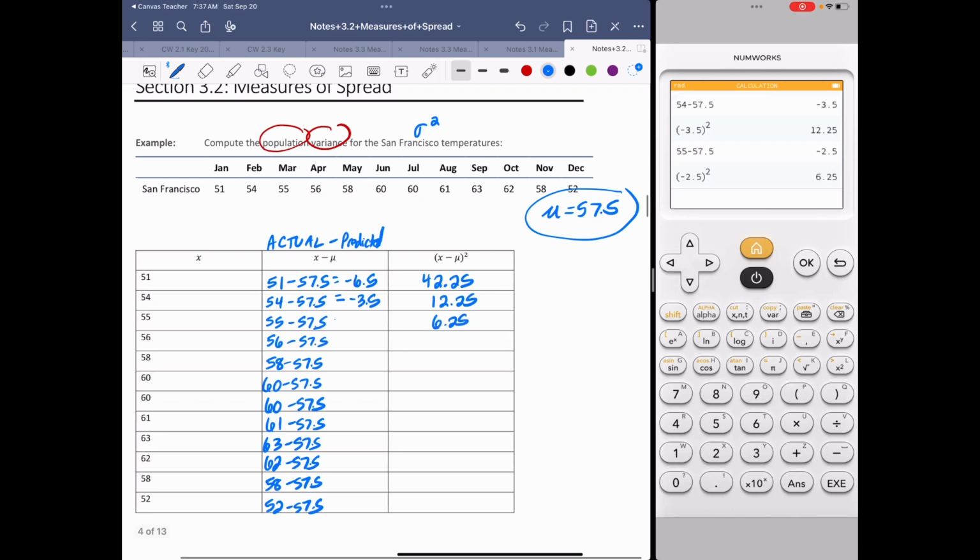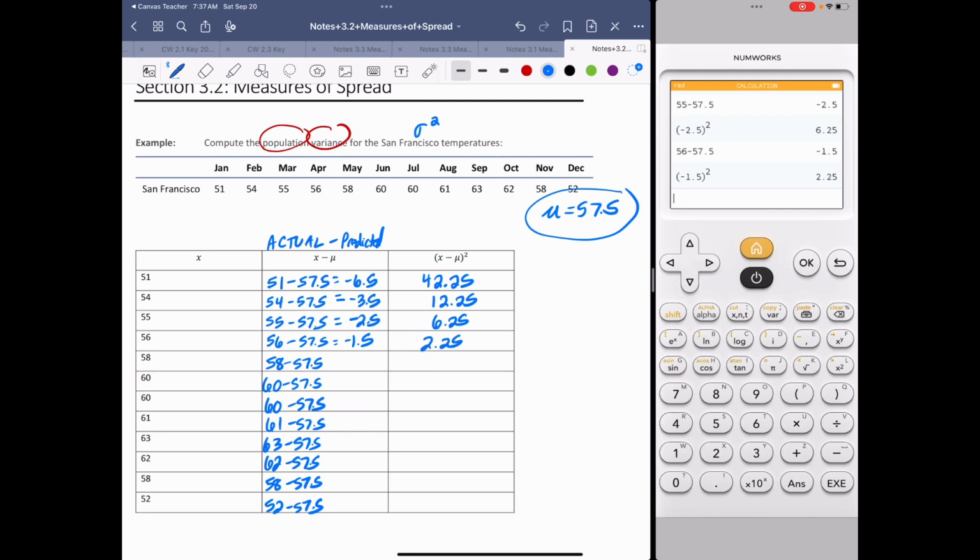And I forgot to write this one here. It's going to be negative 2.5. 56 minus 57.5, enter. Negative 1.5. Squared, enter, 2.25.